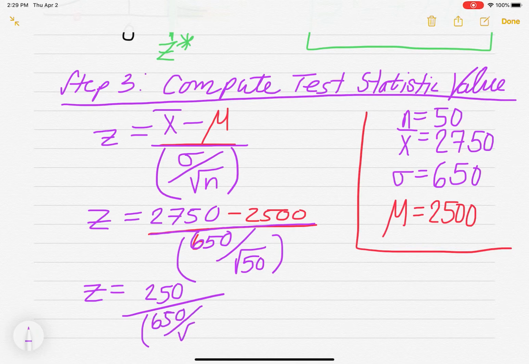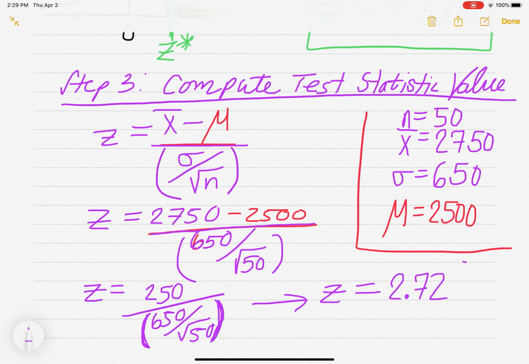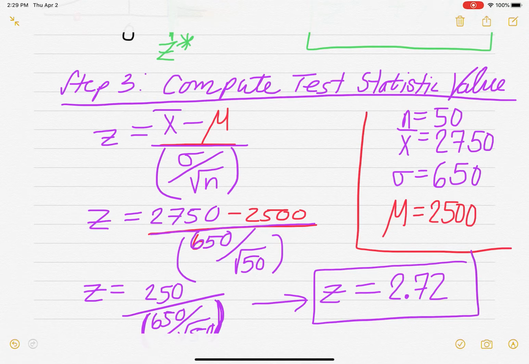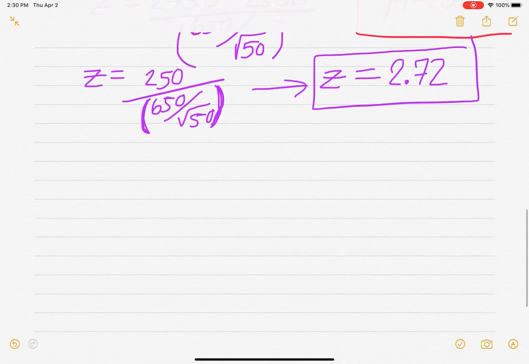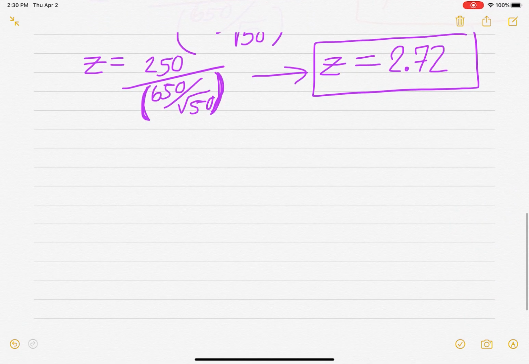On the bottom, make sure you put parentheses around it. So you put in your calculator 250, divided by parentheses, 650 divided by square root of 50, close parentheses. You're going to get 2.72. You want to round it to 2 decimal places, always 2 decimal places when you're doing z-scores.